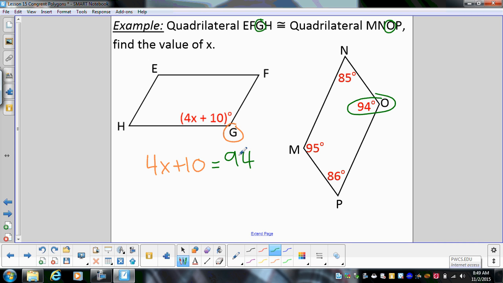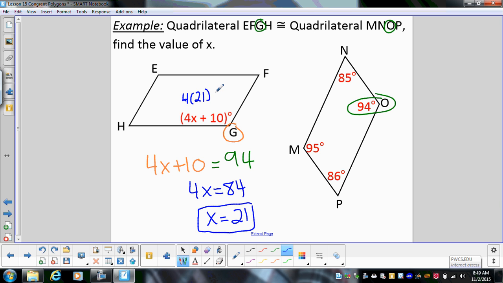They're congruent because the quadrilaterals are congruent, so I can say that those measures are equal. Now I just have an equation to solve, and I get that x is 21. So when these two angles G and O are congruent, x is 21. I can plug in 21 to make sure that I'm right. 4 times 21 is 84, plus 10 is 94, and that will be the same as angle O.